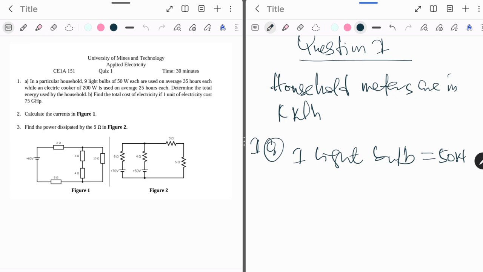Now we have been told we have 9 of them, so I have 9 light bulbs.